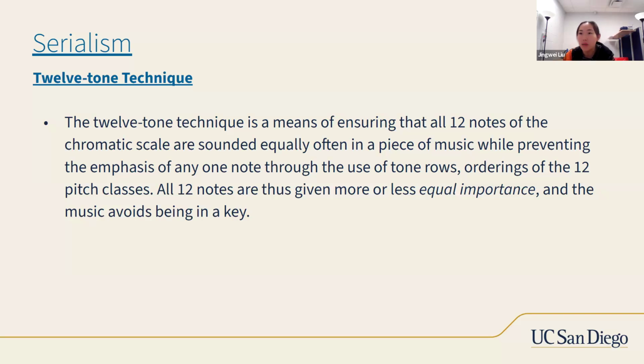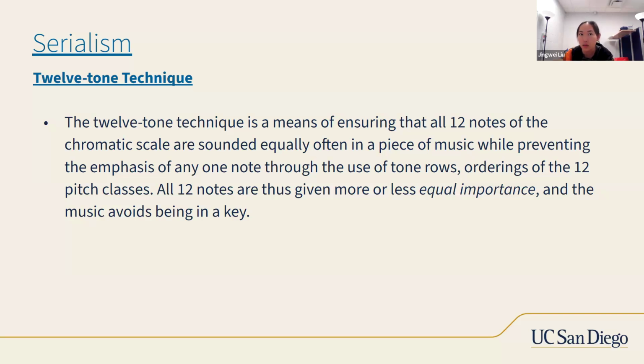So we can compare this to tonal music, which is based on a diatonic scale, usually of 7 notes. Western tonal music emphasizes a hierarchy that privileges notes to different degrees and assigns different structural importances to the notes in the scale.